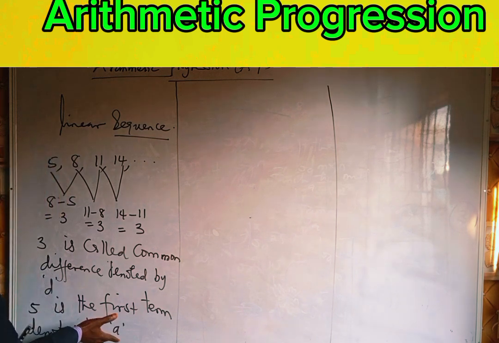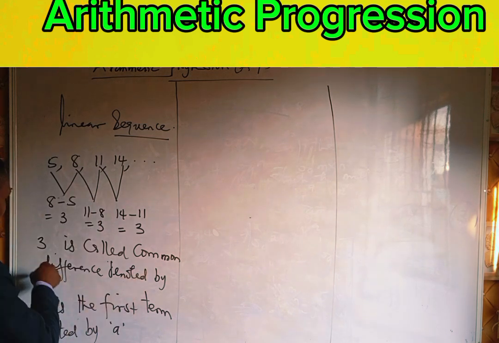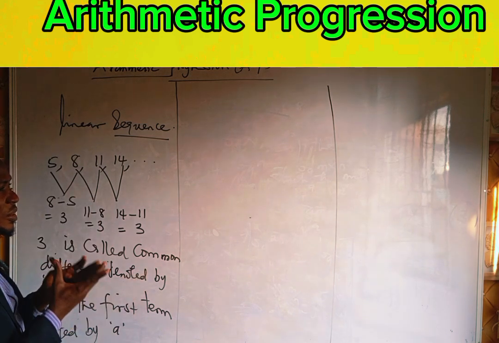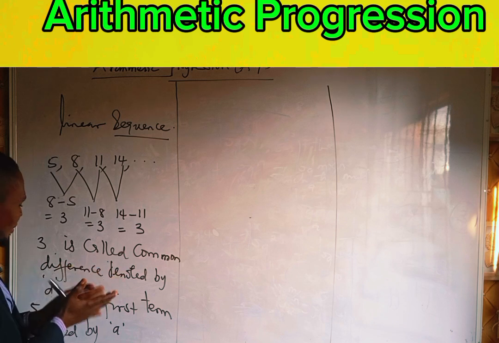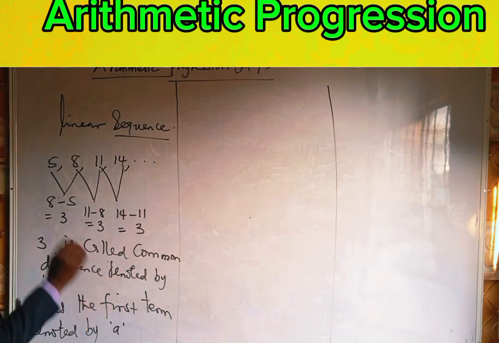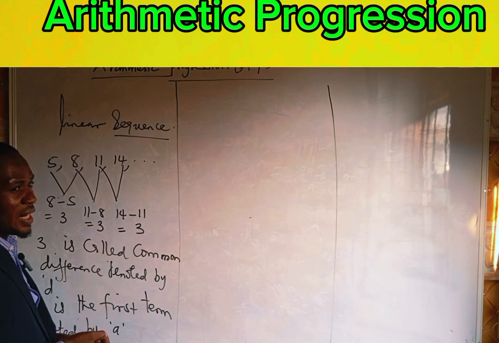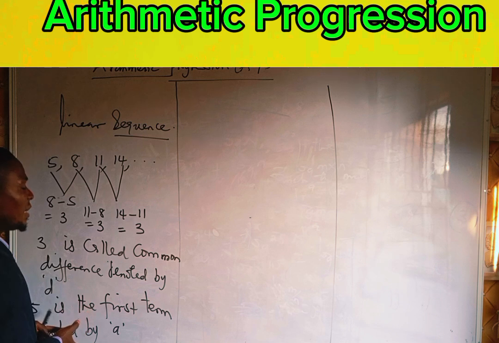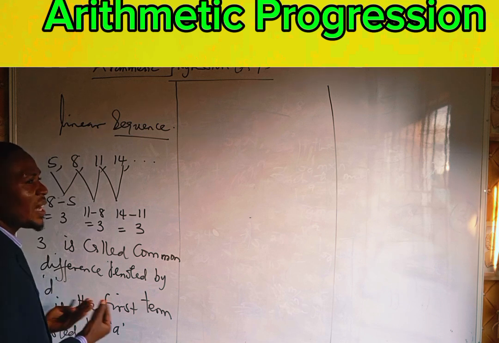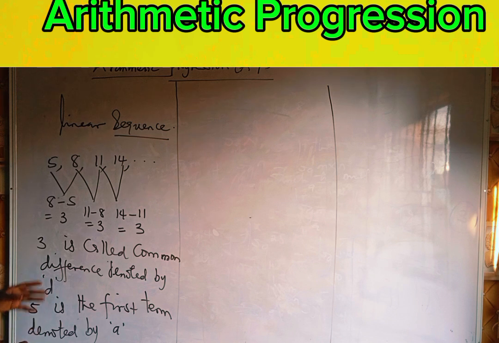These two parameters, a and d, first term and common difference, are very important. It's not about cramming formula. It's about knowing the parameters that make up the formula. Very good.